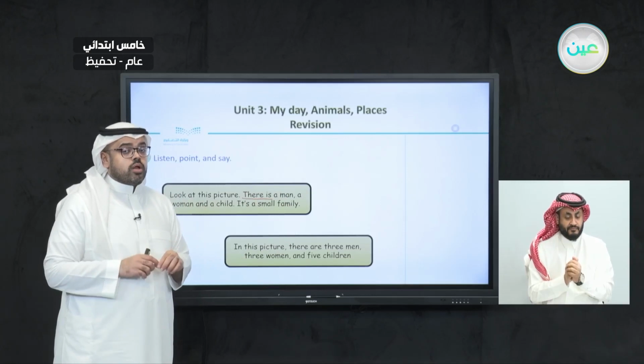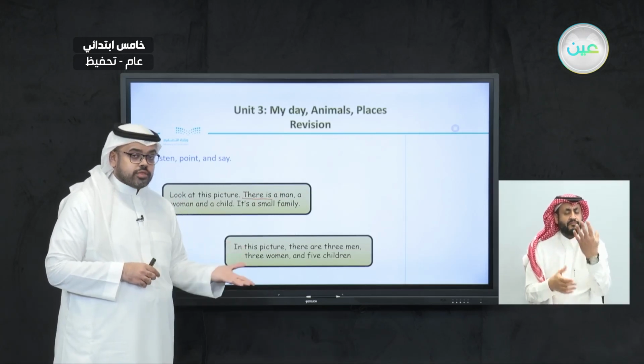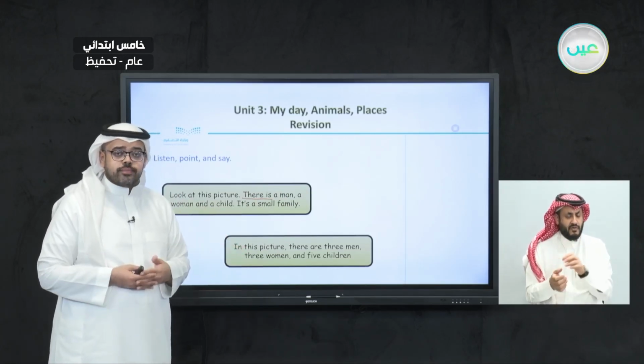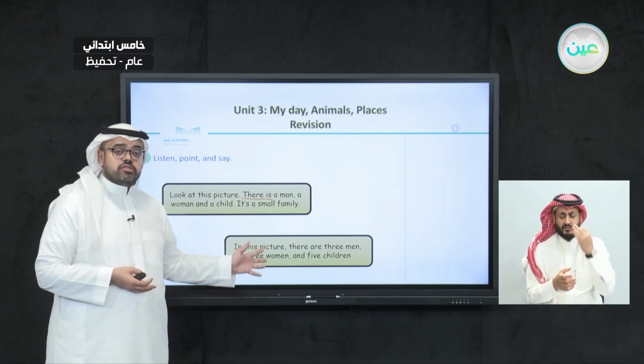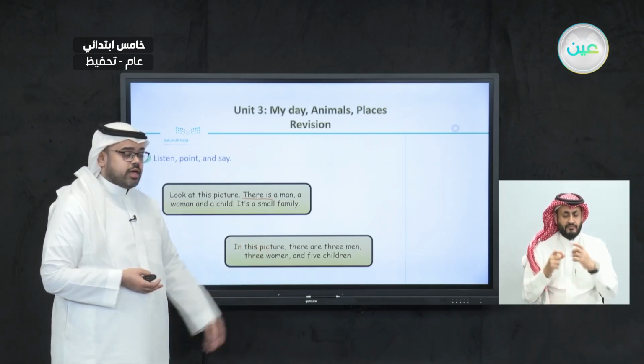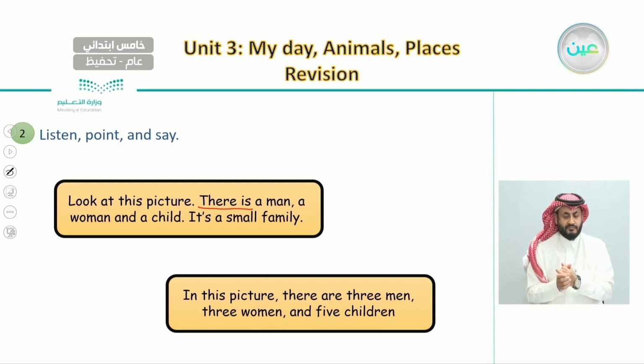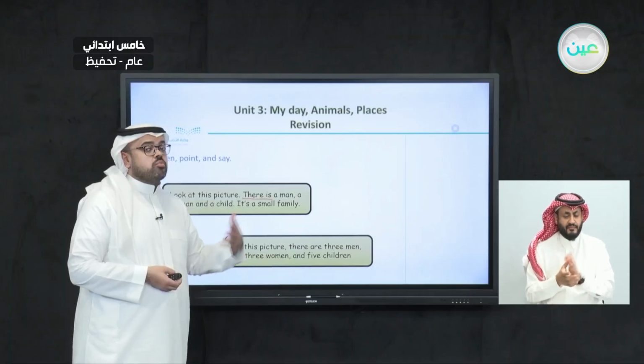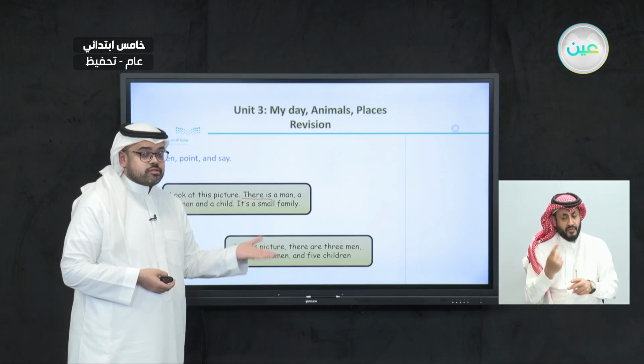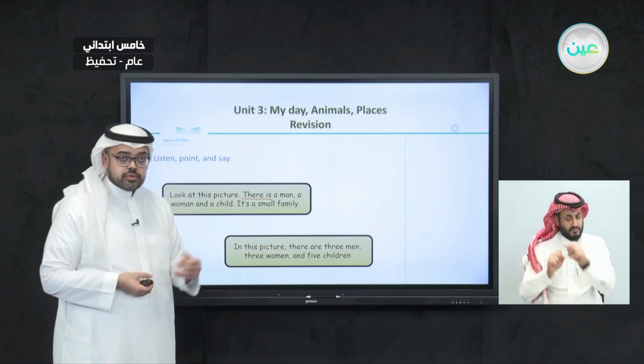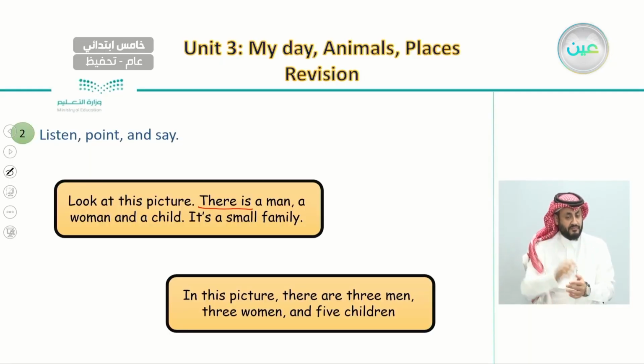But what about if we have more than one? What should we say? Let's listen to the second picture. In this picture, there are 3 men, 3 women, and 5 children. So if we have more than one, in this case, we should use there are.